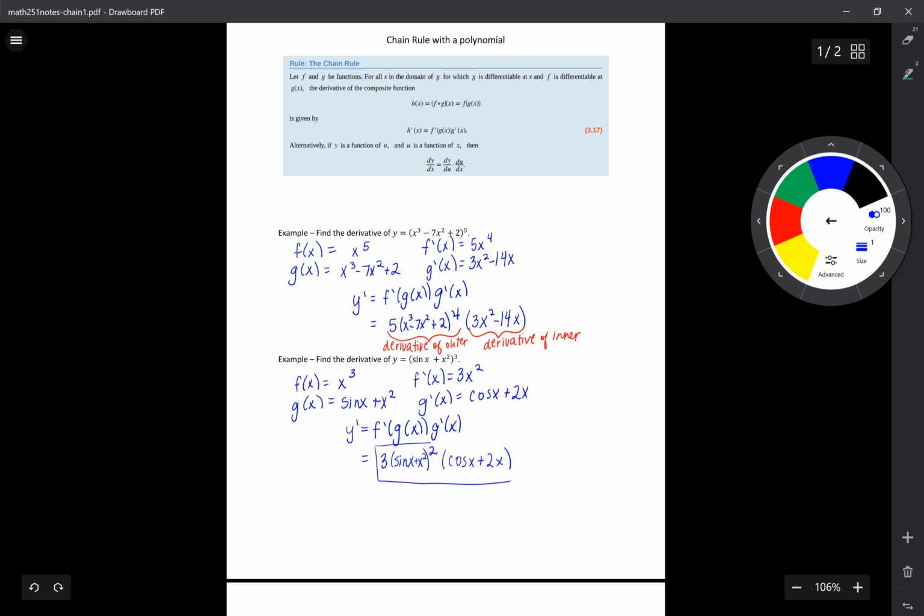And this is our derivative. So just to make sure we're all on the same page, this is f prime of g of x, and this is g prime of x. That is it for now.